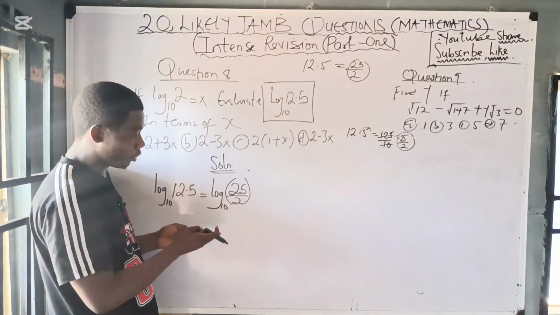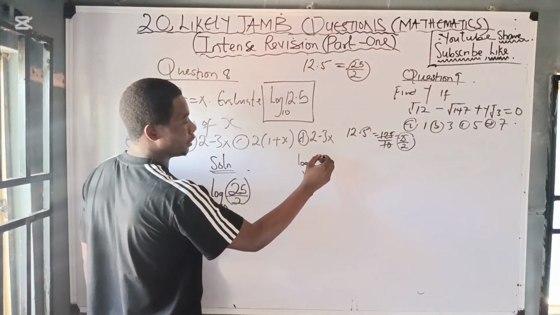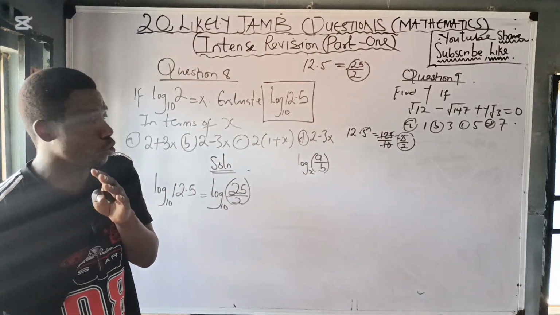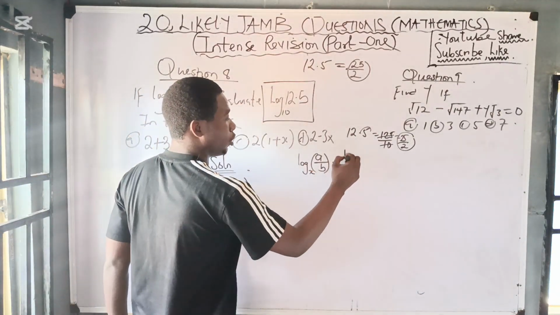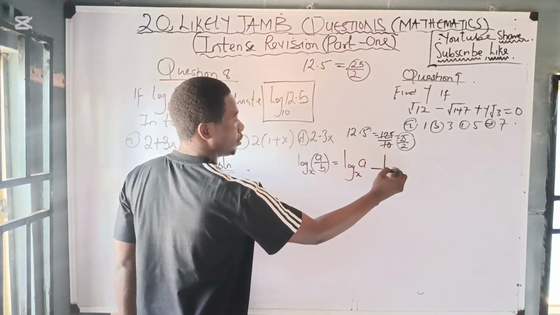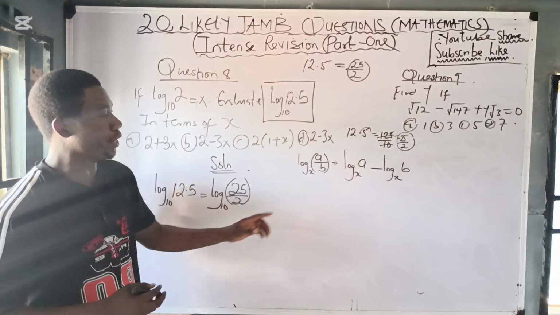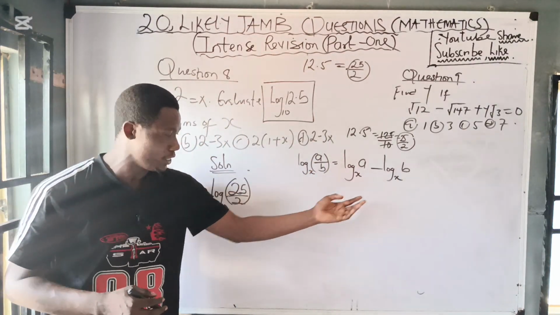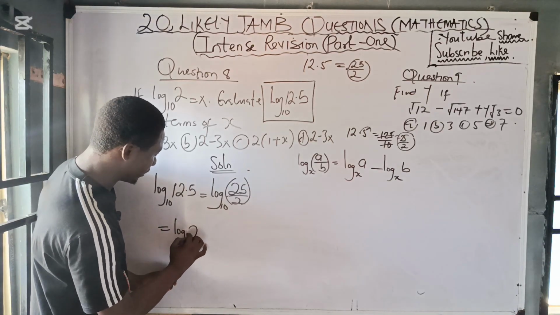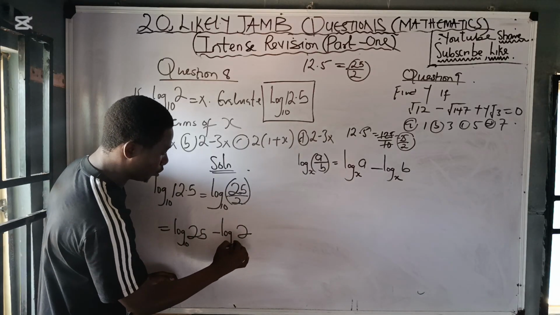But however, this is what you have. Now, how do we simplify this further? Principles of logarithm says that if I have log a over b to base x, this will give us log a base x minus log b base x. Take a look at this. So whenever we have divide like this, it is simplified this way. Applying that to this, you have log 25 base 10 minus log 2 base 10.